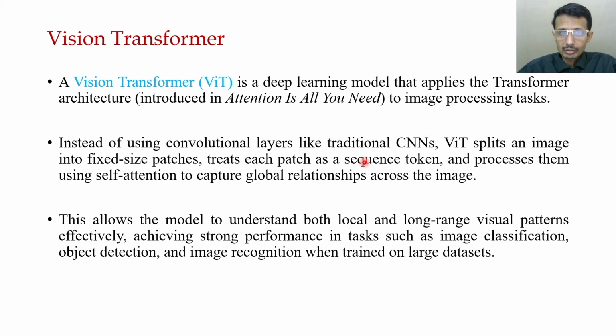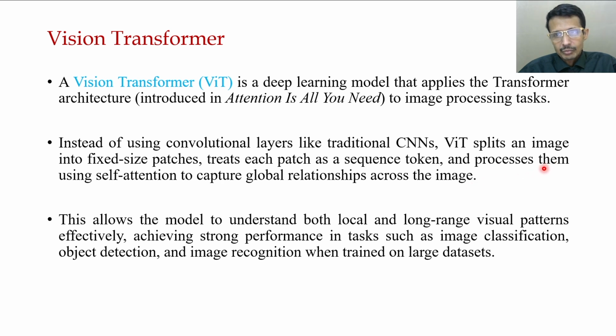So this is important: it treats each patch as a sequence token. So each patch is a token now, and a sequence of tokens is being prepared and processed using self-attention to capture the global relationship across the image.